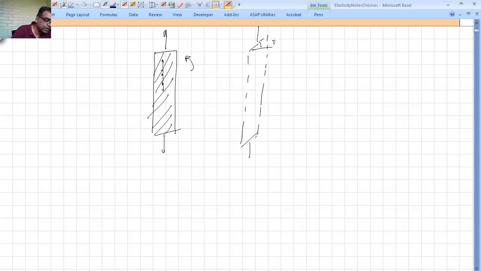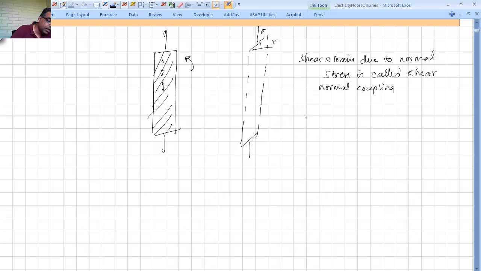So this shear strain due to normal stress is called shear normal coupling.